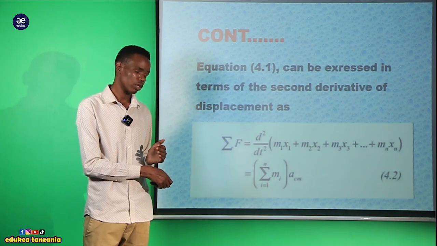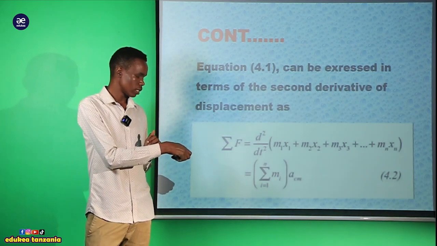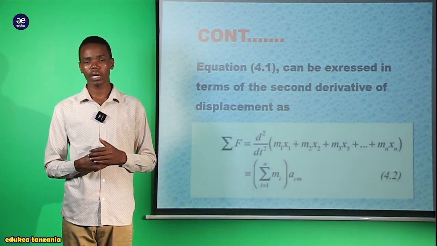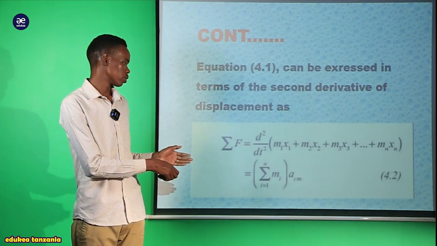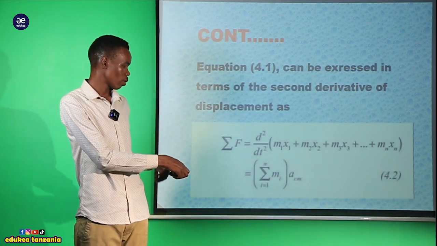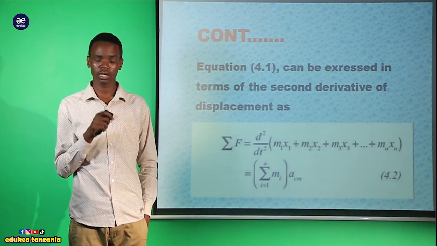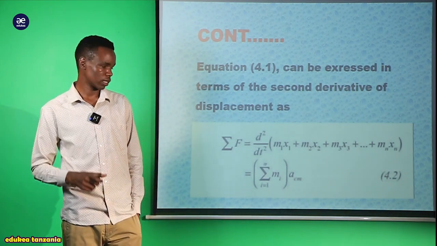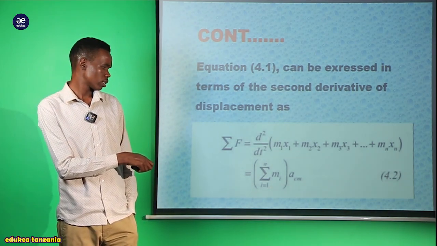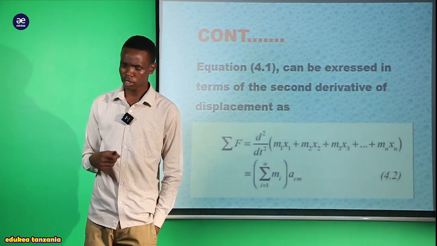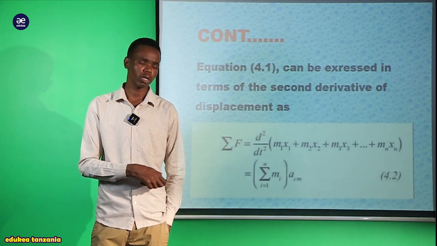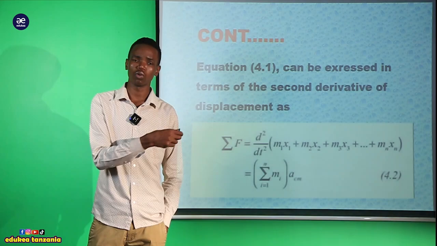It means i should start from 1 up to n terms. If it starts from 1 up to n terms, then when it is 1 it will be m1 times the acceleration, which represents the acceleration of the center of mass. Also if I change it into 2, it will be mass 2, and you get our formula above.